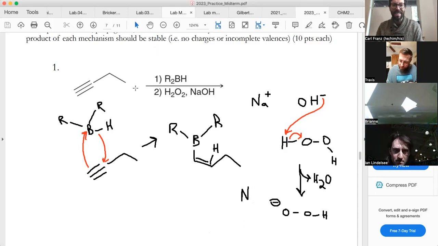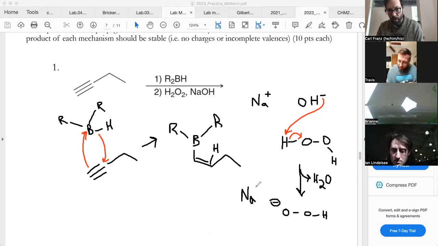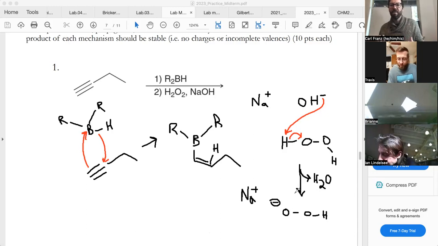Now, I'm not necessarily expecting this level of granularity with the carrying over of the sodium and stuff like that. I'm doing this because I don't think we've quite gone over it in this detail, so I want to show it to you. But that's what's happening here, right? So now we have this peroxide radical, and it's going to attack this molecule here.